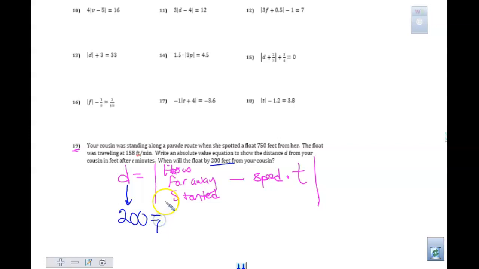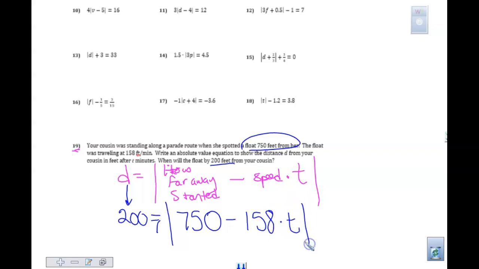Equals the absolute value of how far away that person was when the float started. They were 750. Even if you're not sure, you didn't do this, write it down so you have all of this. 200 equals 750 minus, how fast were we going? 158 times t.